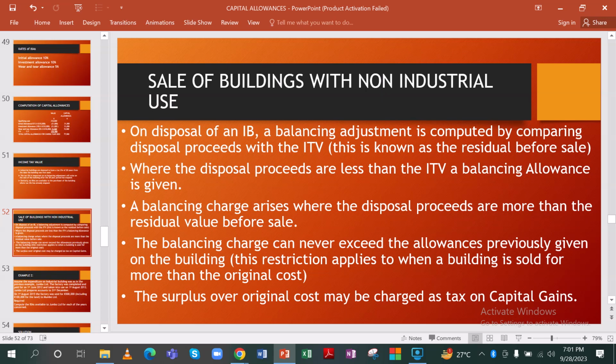The same rules apply, whereby you cannot have disposal proceeds which are above the original cost. So that is also looked at.